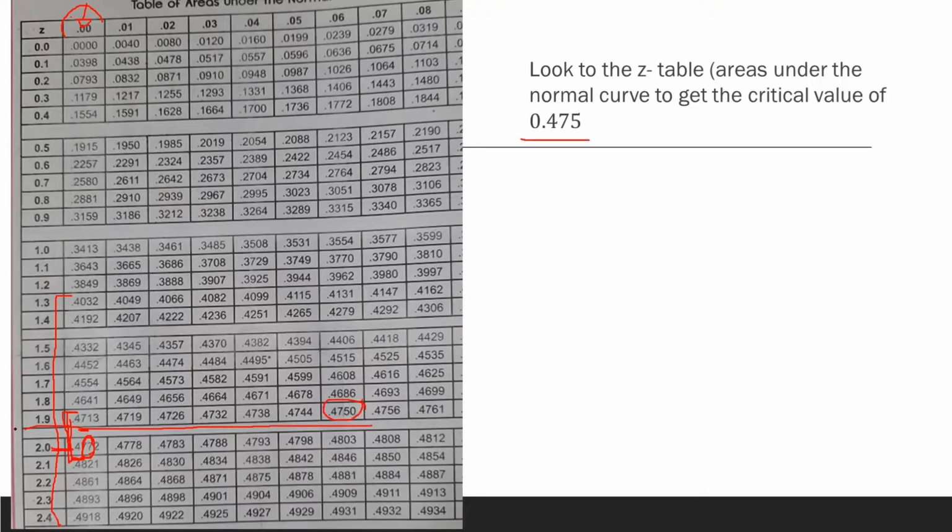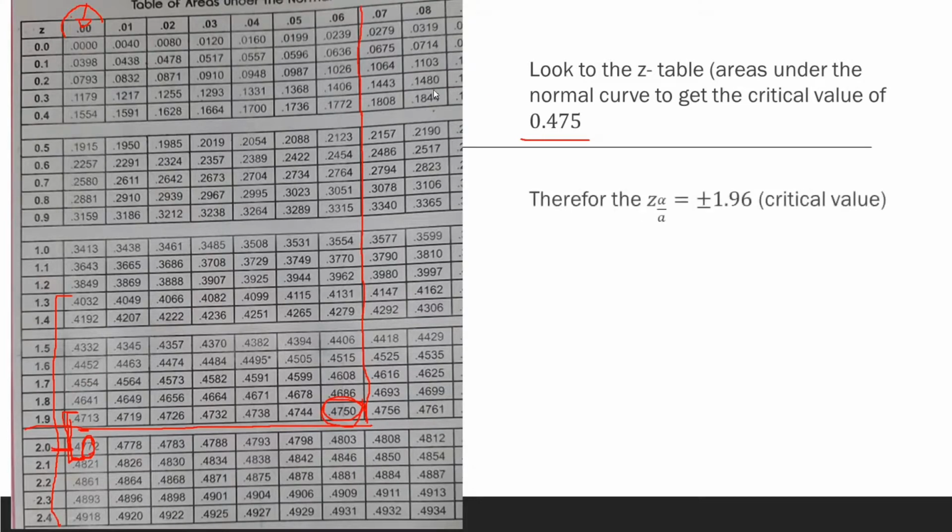So, hindi lang tayo horizontal titingin dahil meron pa tayong number sa ating itaas. So, para makuha natin yung third digit ng ating critical value, kailangan makita din natin yung third digit dito. So, therefore, the critical value, dito siya nag-intersect. So, ang critical value natin ay 1.9, then yung third digit ay 6.